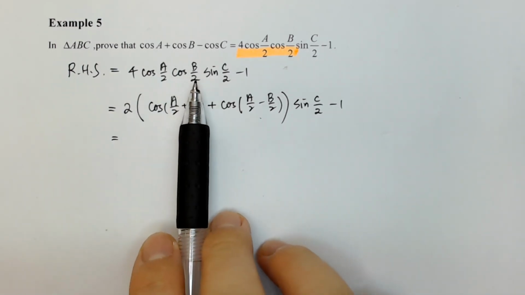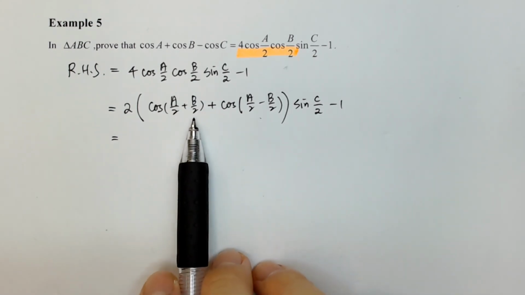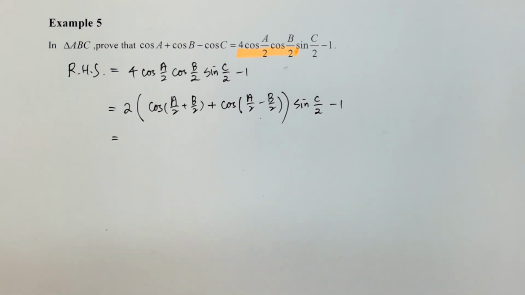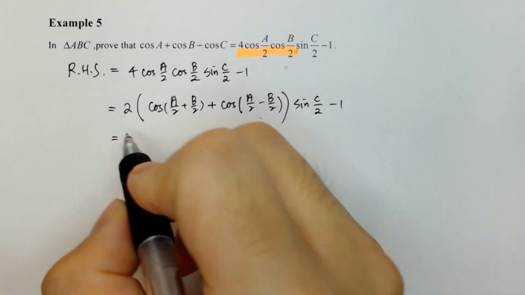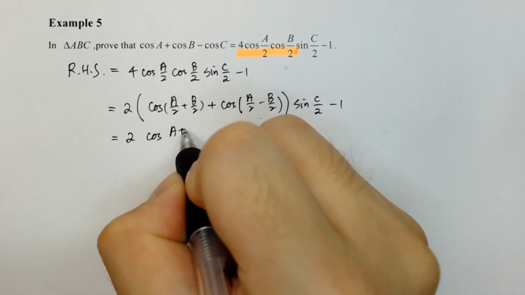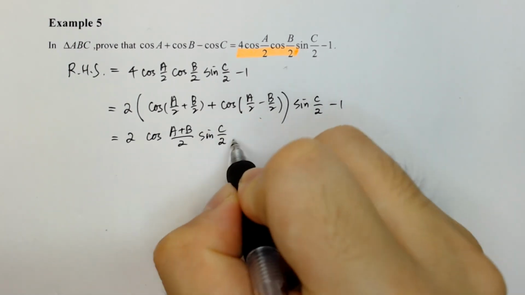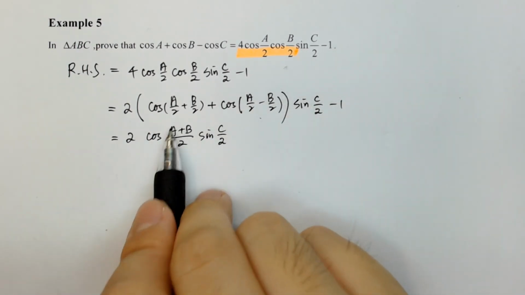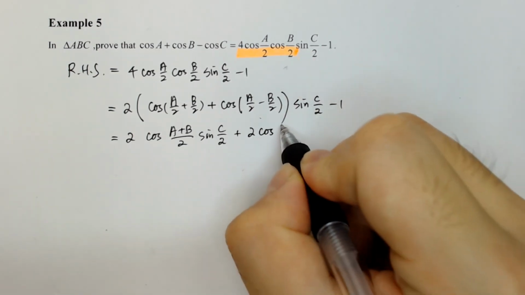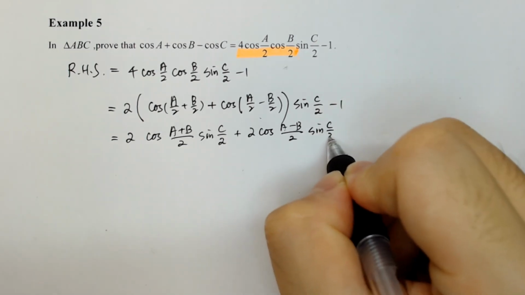So when you use the product to sum formula, don't ever try to remove the bracket again by using the compound angle formula. So we should have 2 cosine of this angle, sine C over 2, plus 2 cosine of (A minus B) over 2, sine C over 2, minus 1.